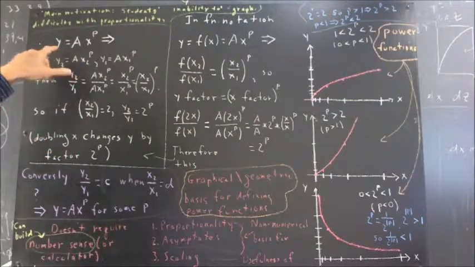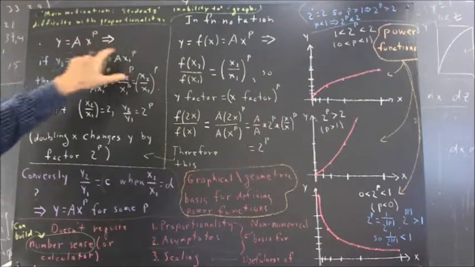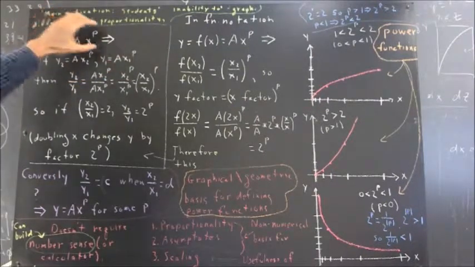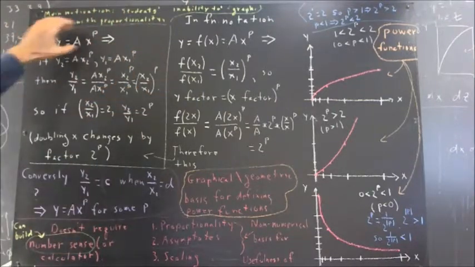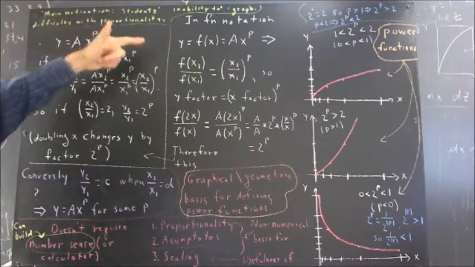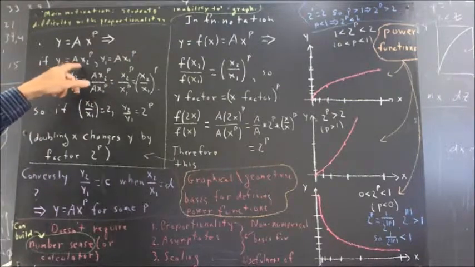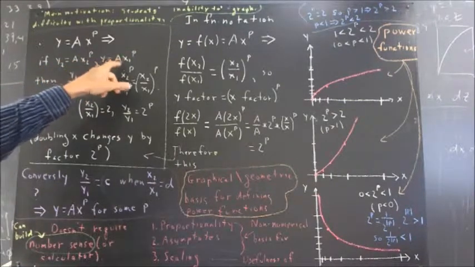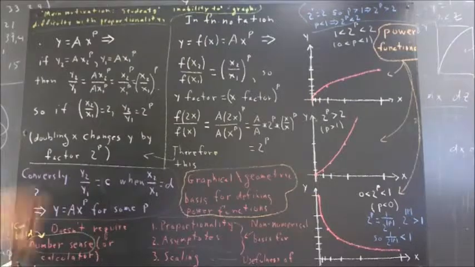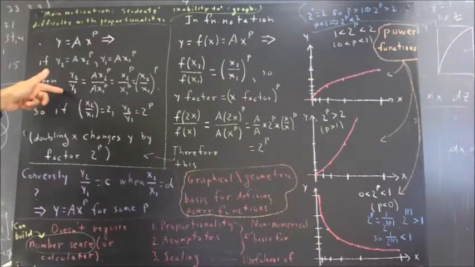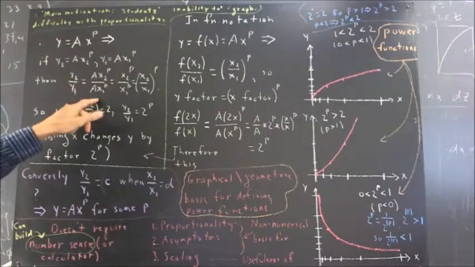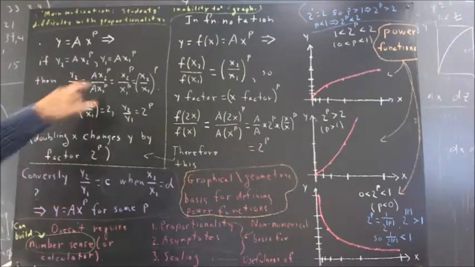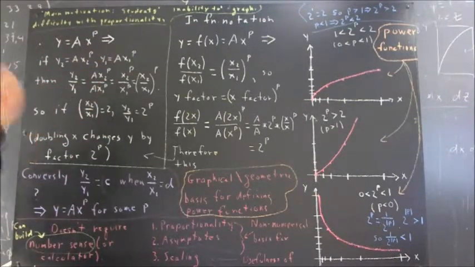We simply say, okay, if this is the case, then, and this symbol means if whatever comes before it, then whatever comes after it. So if y equals ax to the p, then if we let y2 equal ax2 to the p, y1 equal ax1 to the p, it follows that y2 divided by y1 is, well, ax2 to the p divided by y1's ax1 to the p. Okay, just substituting these expressions for y2 and y1.